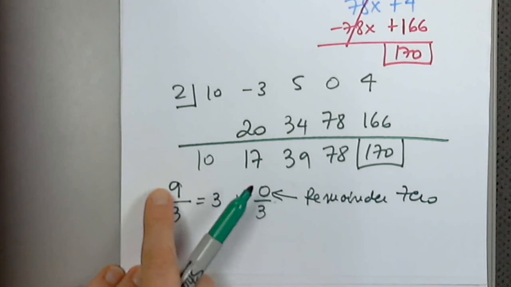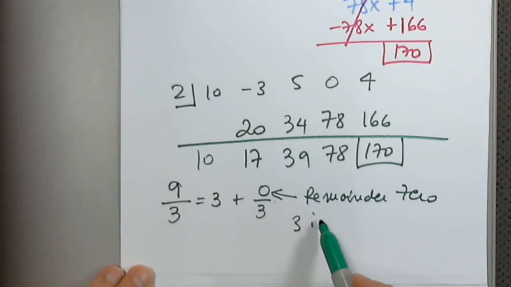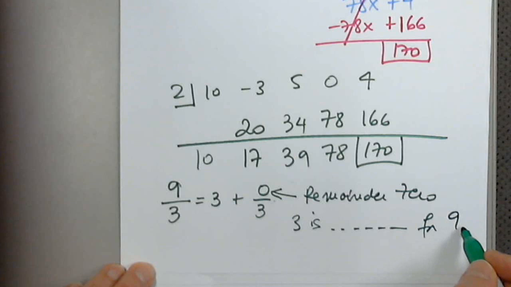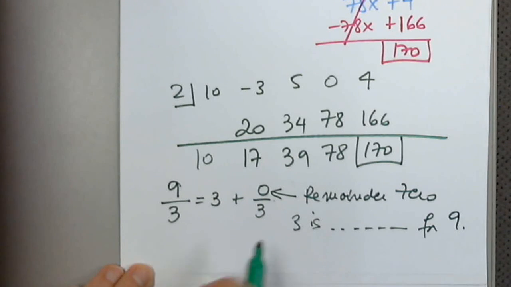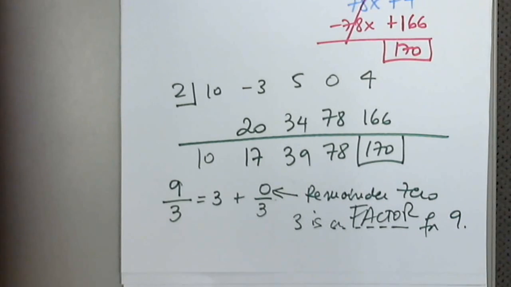What is 3 for 9? Remainder 0. I'm missing a very important word. Remainder 0 means that 3 is a factor of 9.